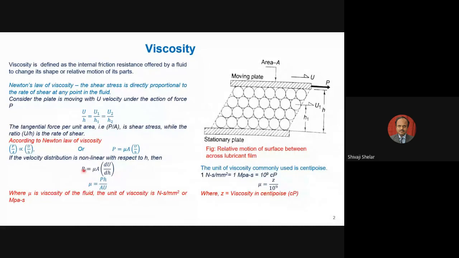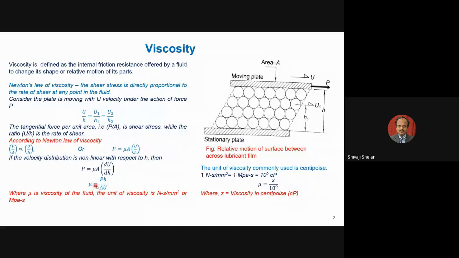So if we reorganize this term to get the value of dynamic viscosity, mu is equal to PH upon AU. So A will go on this side, so it will become P by A. Then if you take linear, H will be going here, so P into H and U will be coming down.